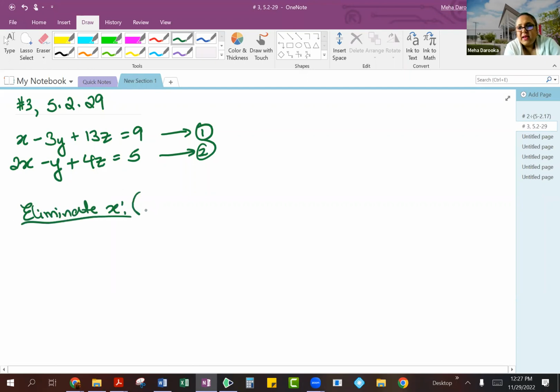Since you're getting rid of x, you have x on the first equation, 2x on the second one. So you need to have positive 2x and negative 2x to eliminate it. So we need to multiply the first equation by -2, and then, of course, add it to equation 2.